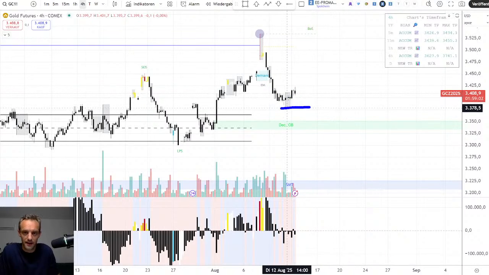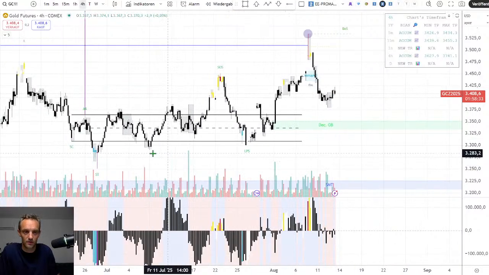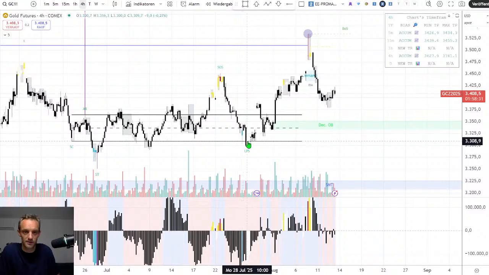But if we fail with lower prices than this low of 3,377, it's pretty likely that we go to the other side of this Wyckoff range. So from my point of view, there's a potential good risk-reward ratio here to the upside. And if we fail here to the downside, it goes to the other side of value. But please do your own analysis, do your own research.